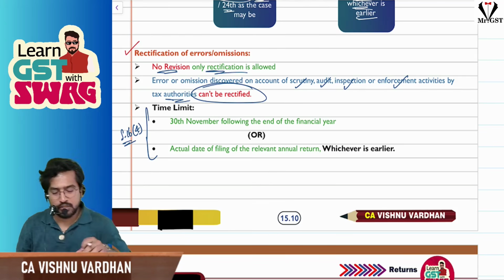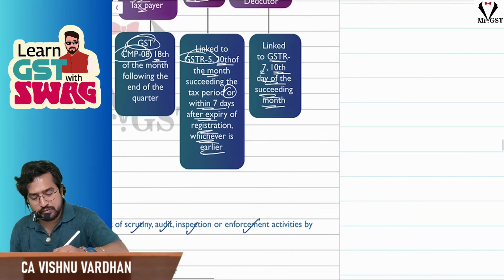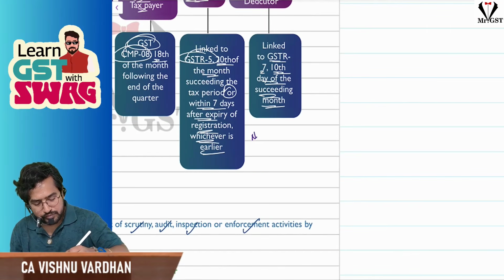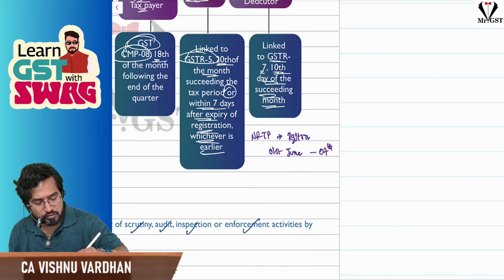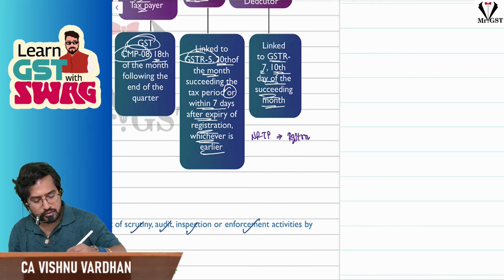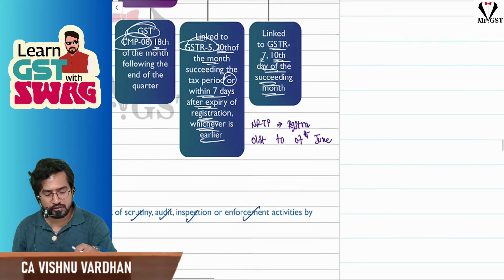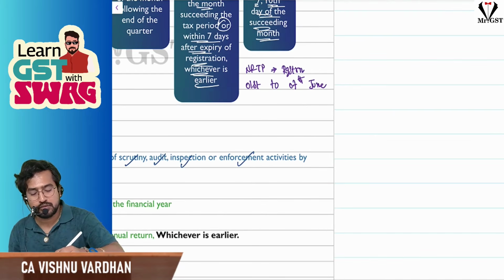Next, here you just write down. NRTP registration. Just I'm presenting it in a different way to save your space. That's all. First to 7th June.